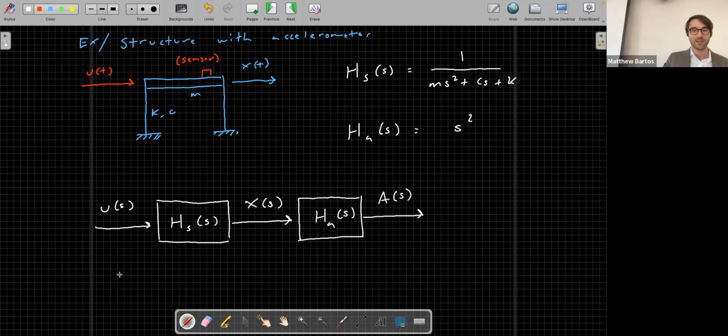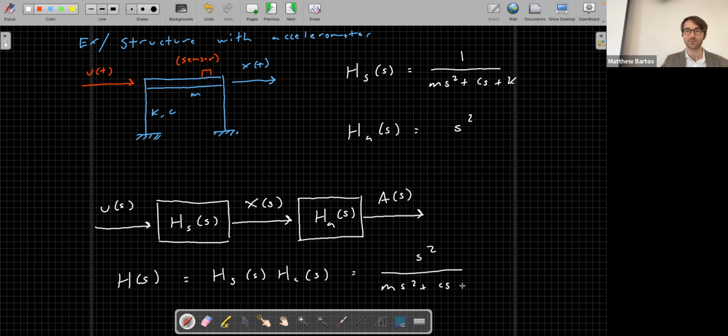So our overall transfer function representing the measured output of the sensor is equal to Hs of s times Ha of s, which is equal to s squared over ms squared plus cs plus k.